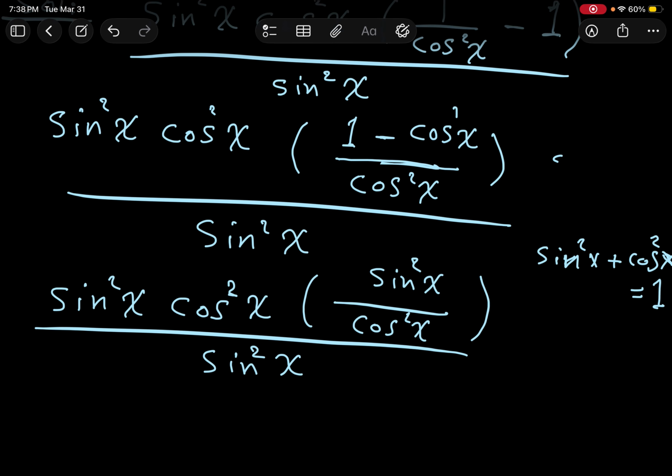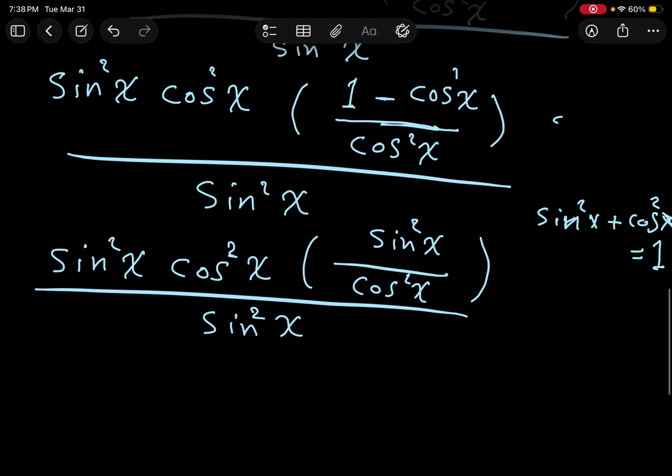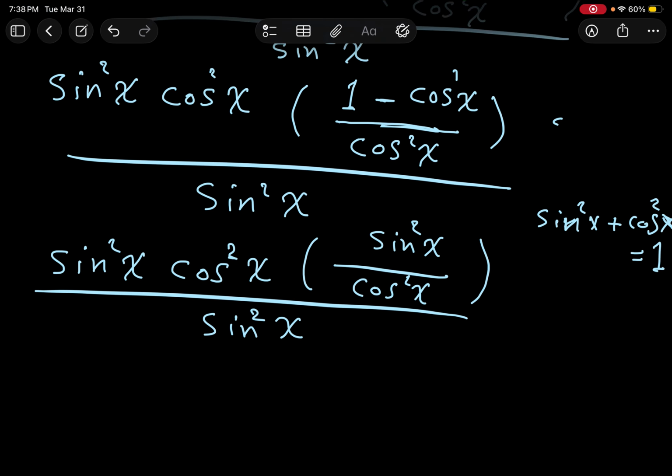So sine square x, times sine square x over cosine square x, over sine square x. Here sine square x cancels with sine square x. We should write it in simplest form. Cosine square x as numerator and cosine square x as denominator cancel.